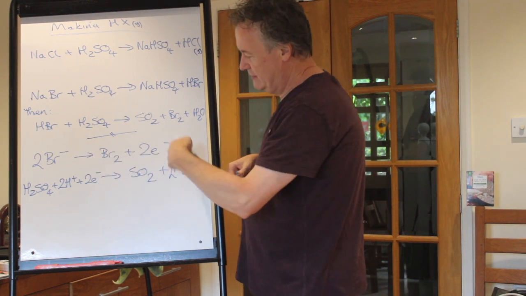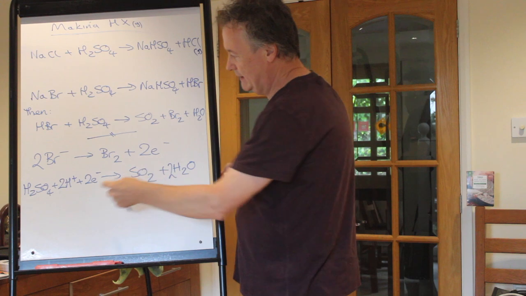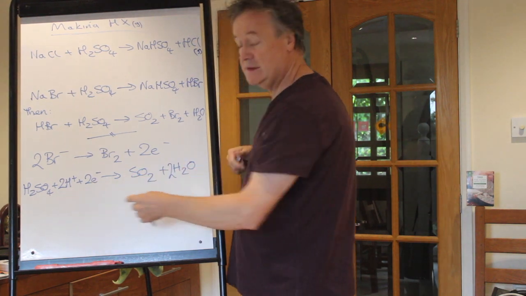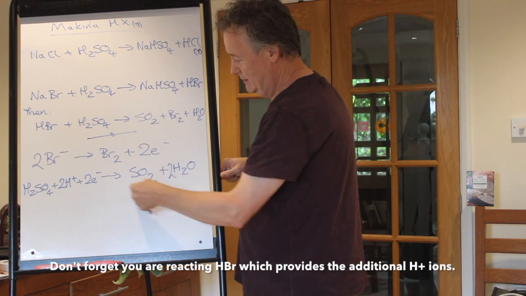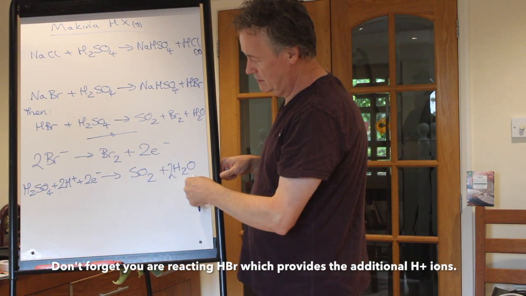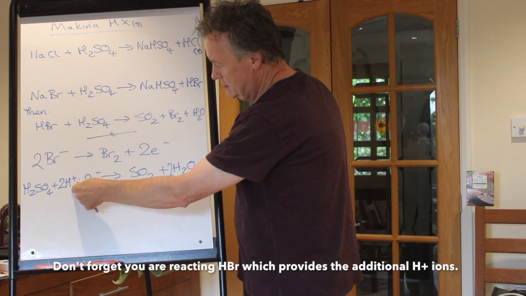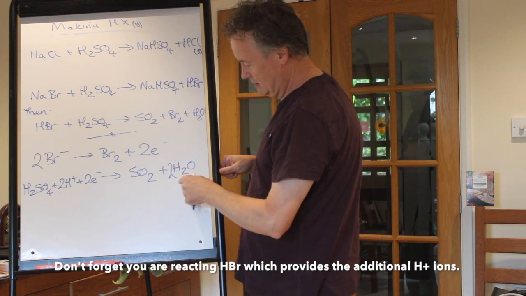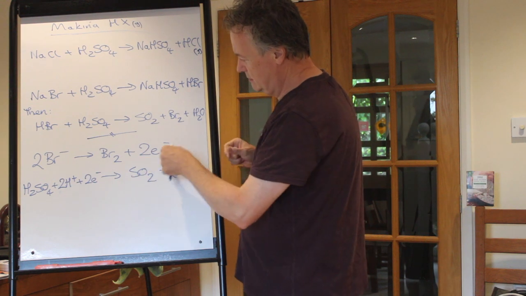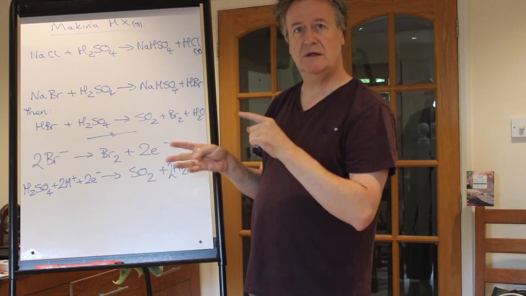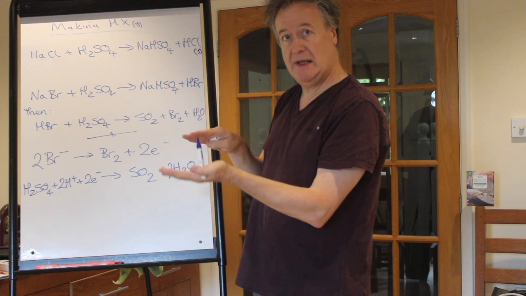So two bromides releasing 2 electrons to form the bromine, and then sulfuric acid reacting with 2 H+ ions and 2 electrons coming from here produces sulfur dioxide, and because you've got 2 hydrogens, another 2 H+ there, you get 2 waters. You look at those and see the same number of electrons in both half equations, which means you can just collapse them together.